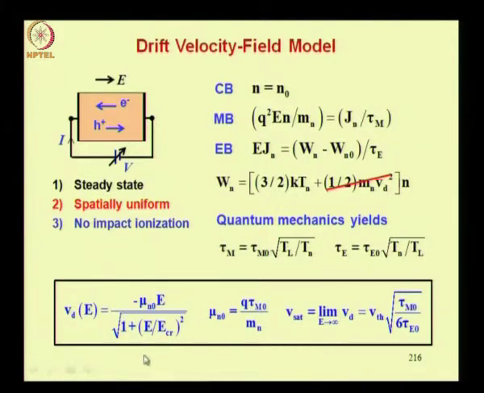The result turns out to be in the following form: the drift velocity is a function of electric field given by minus mu n 0 into electric field, divided by the square root of 1 plus the square of electric field by a critical electric field, in which mu n 0 is q times the momentum relaxation time under equilibrium divided by the effective mass of electrons. The saturation velocity is obtained by taking the limit E tending to infinity in this equation.